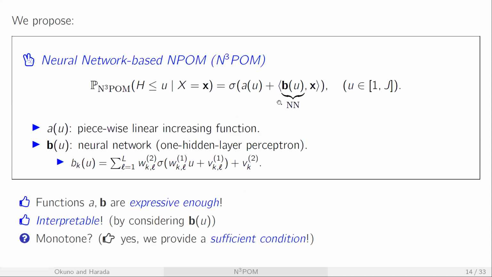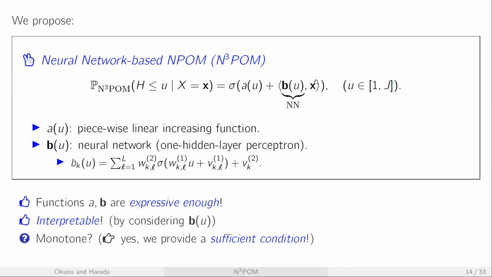So here I'd like to describe the proposals. Our proposal is very simple. Our model is called the neural network-based NPOM, and we denote it by N3POM. The N3POM is defined as the sigmoid function applied to a linear model. The linear model is defined by the sum of the function A(u) and the inner product between B(u) and the covariate x.